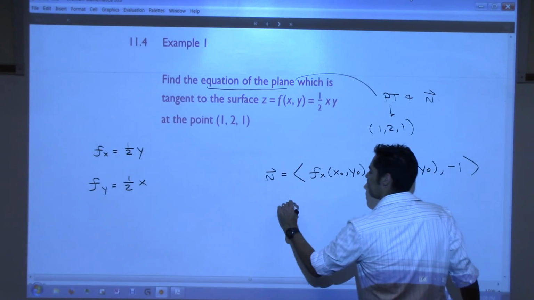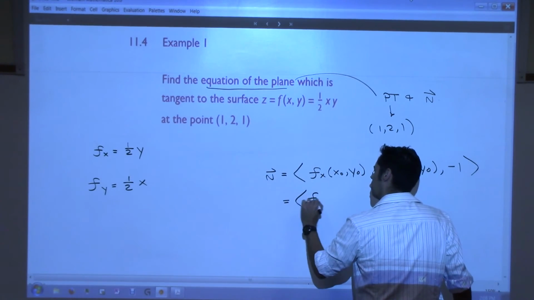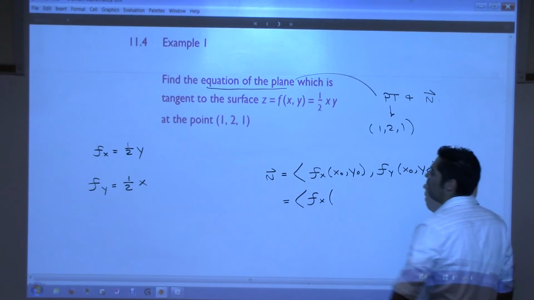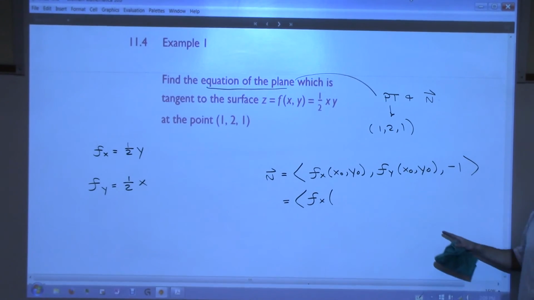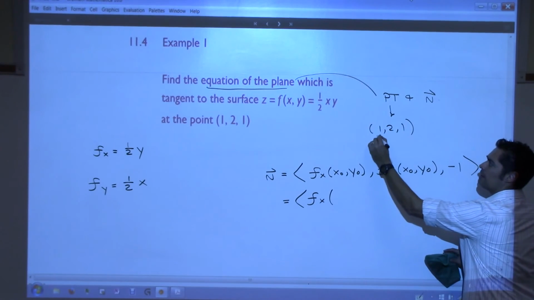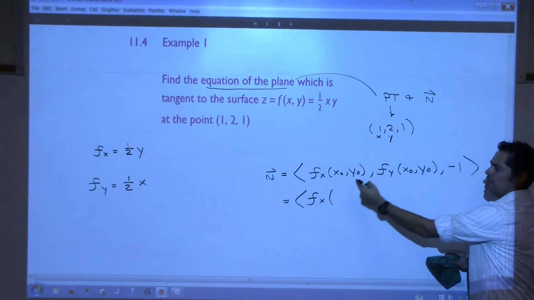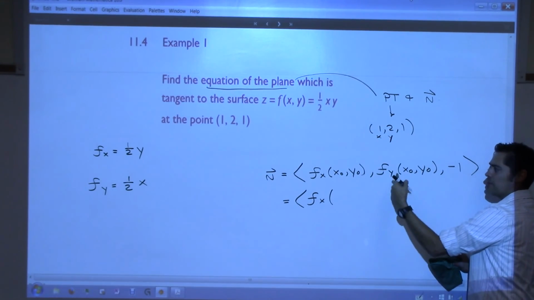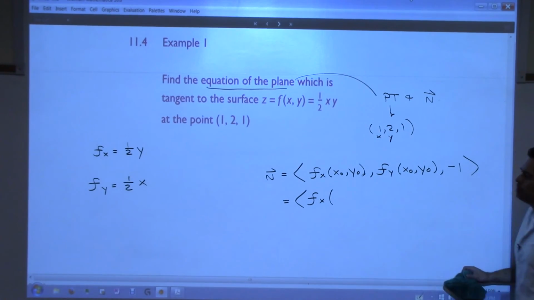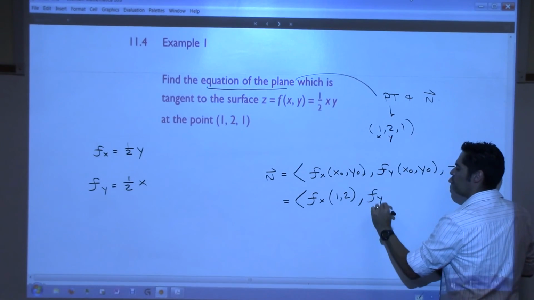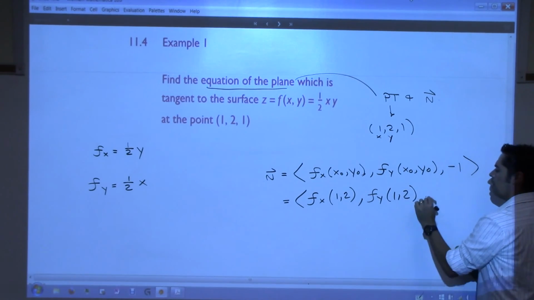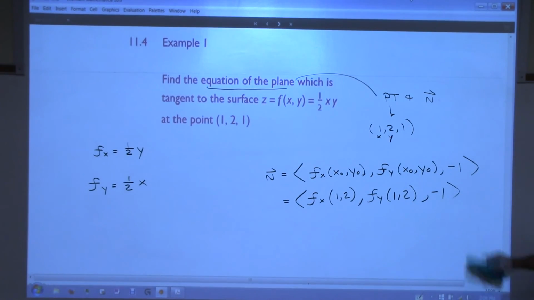So for us, it's the partial with respect to x at the point (1, 2). Where are we getting 1, 2 from? The x and the y here, right? The z doesn't matter in terms of this, right? So (1, 2). Then the partial with respect to y at (1, 2) again. And then -1, we don't have to worry about that.